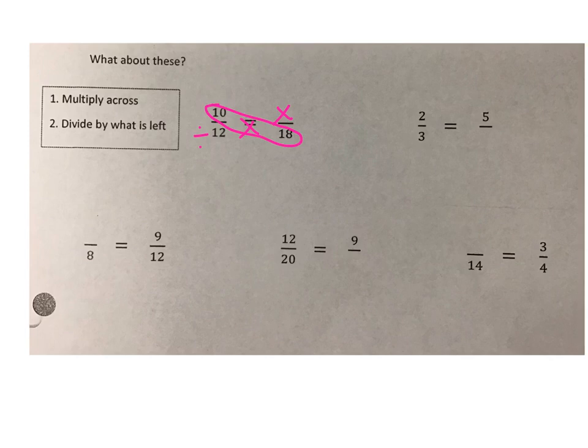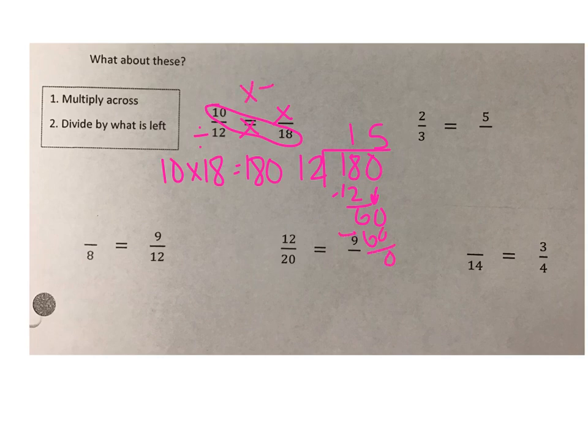So 10 times 18 gives me 180. Then you're going to do 180 divided by 12, which gives me x equals 15. So our missing one would be 15.